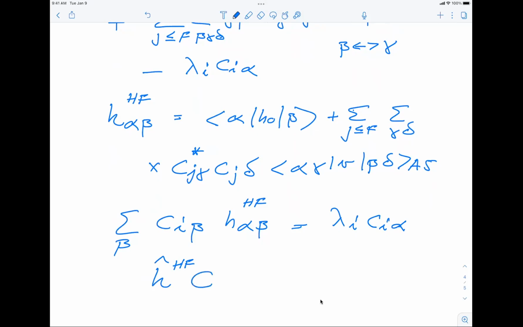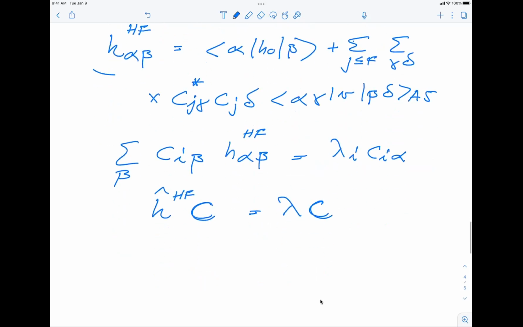And this is multiplied with the coefficient c, and that gives an eigenvalue multiplied with the coefficient c. So in this case, what we have done is to rewrite the variational principle equations in terms of a matrix eigenvalue problem, where the coefficients c are the eigenvectors obtained by diagonalizing the Hartree-Fock matrix. And this Hartree-Fock matrix will have these specific matrix elements.